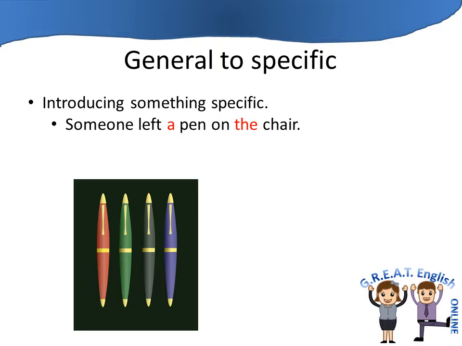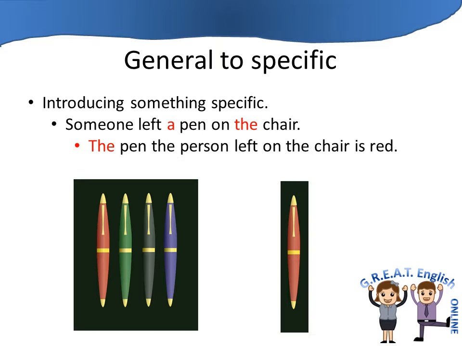So we introduce this general pen by where it's located on a specific chair. We can then say, the pen the person left on the chair is red. Now it's a specific pen, the pen that was left, and we have a reference for that. So moving from general to specific, you start with a or an, and then you move to the.